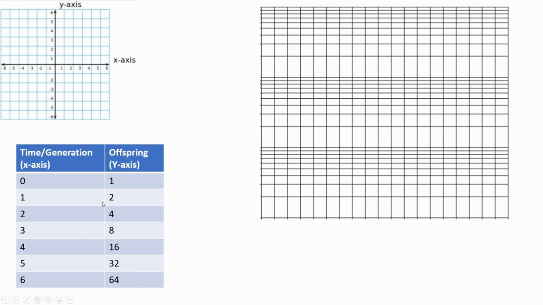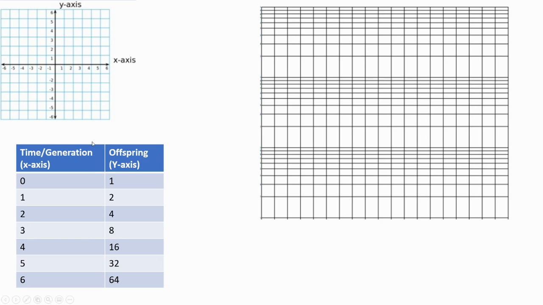So the first time around, at time 0, you have one bacterium. Time point 1, you have 2, then you have 4, 8, 16, 32, and 64. So they double each time, and this is something that happens all the time when bacteria duplicate.